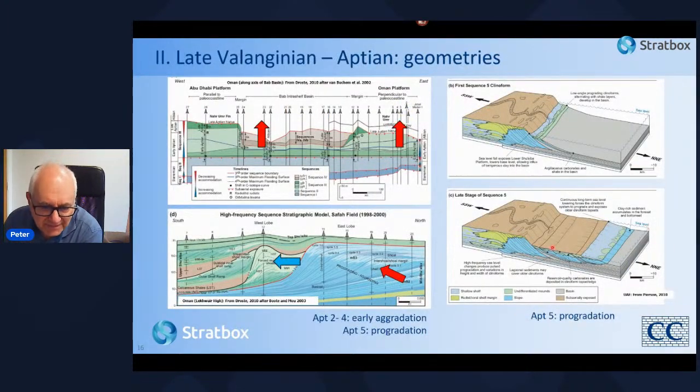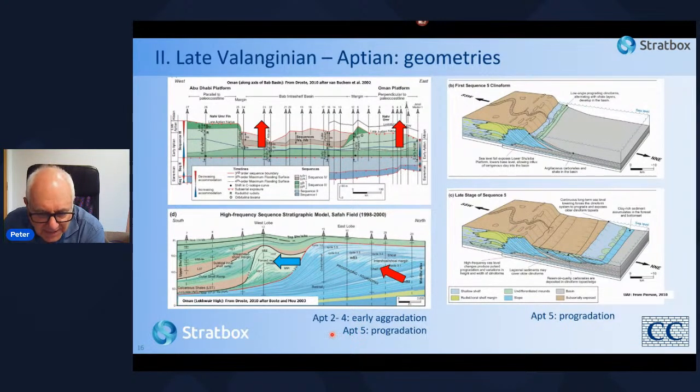So this interplay of intrashelf basin and fringing carbonate platforms produces some very complex stratigraphic geometries, and we find that in cycles, Aptian cycles 2 to 4, which are different stages of the Shuaiba deposition, we see mainly aggrading to prograding development of the surrounding carbonate platforms.